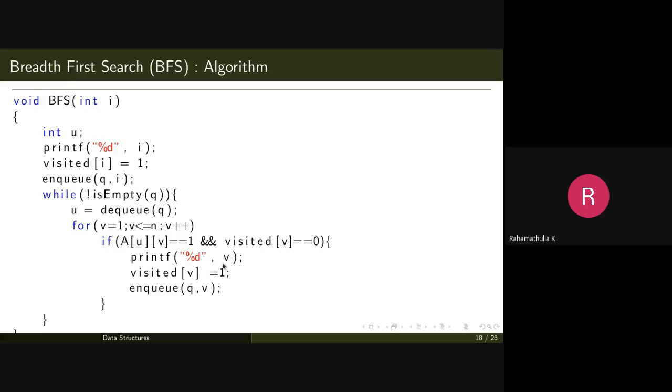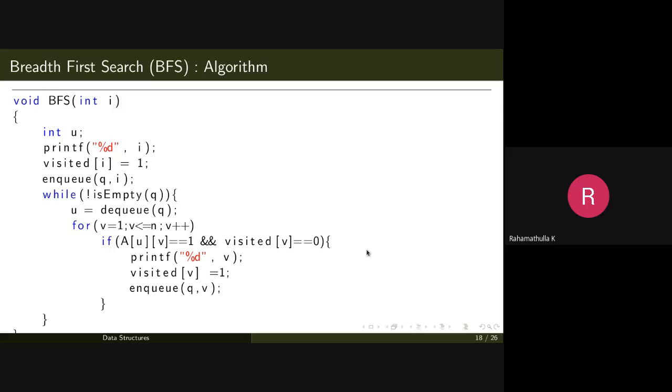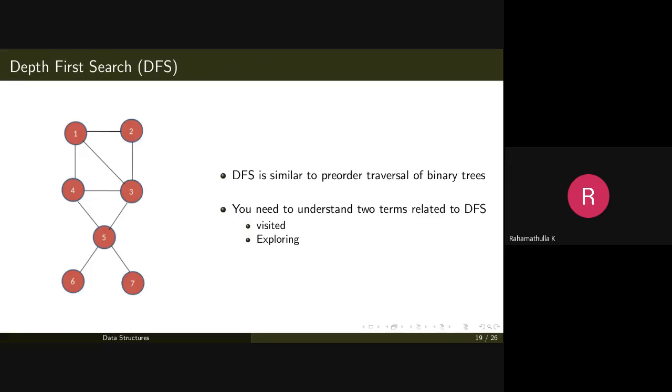You visit all these new vertices which you are getting, enter them into the queue, and continue the procedure until the queue is empty, and this is the result you are going to get. If you give this graph as an input, then you are going to get this result. So that's about the BFS algorithm.